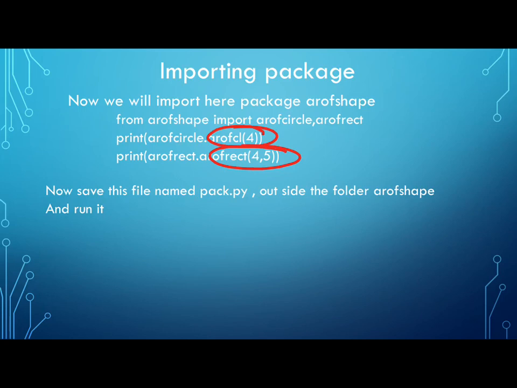Now where are you calling it from? From the area of circle and area of rectangle modules. As you import math and write math.sqrt, now we are importing from area of circle, so we write area of circle dot this function, the function which is inside this module.